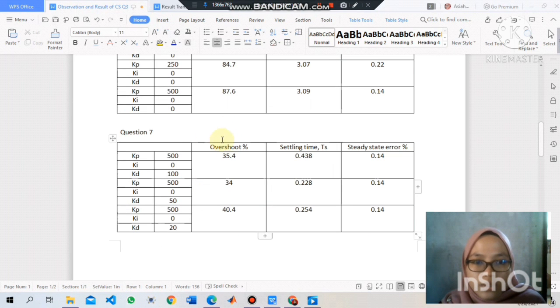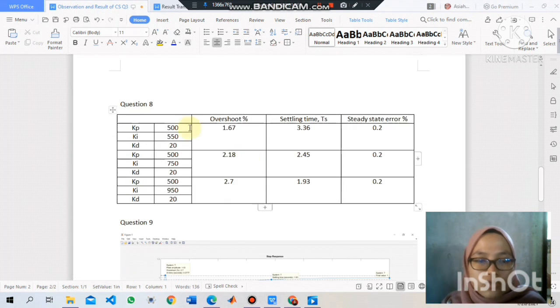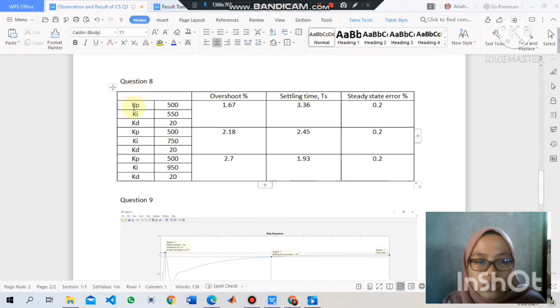So from these values, we have implemented them in the command window, and we have taken a look at the overshoot percentage, settling time, and the steady state error. So we can see that the different values are recorded in the table. So let's move to question number 8. In this question, we have been asked to keep the best value of Kp and the best value of Kd.